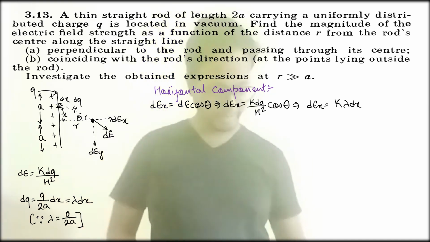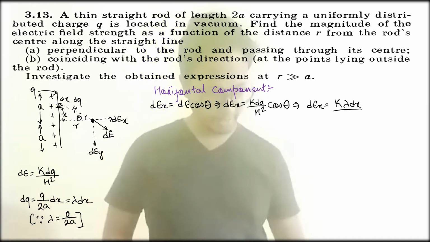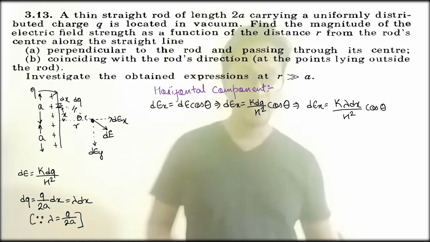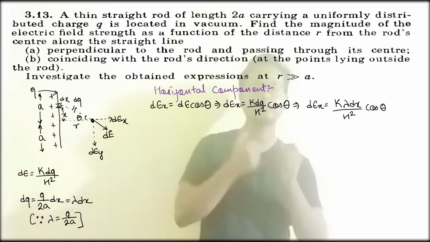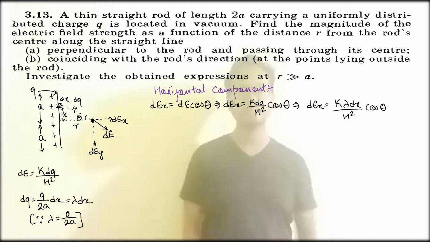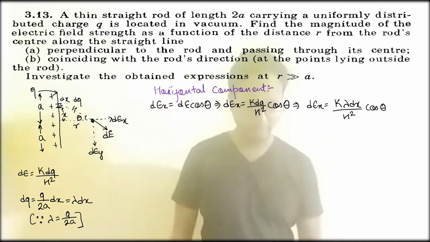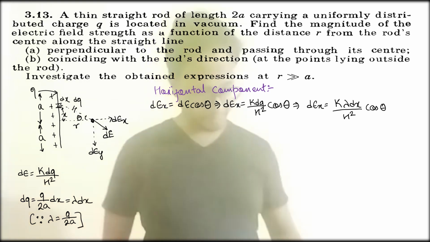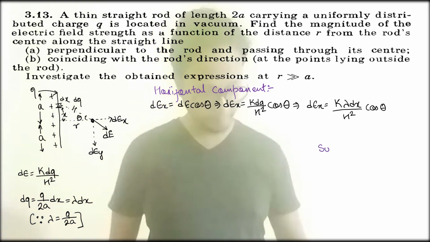So dEx is k lambda dx divided by hypotenuse square into cos theta. Now pay very close attention to the method by which I'm substituting in this problem. Understood? Substitution plays a very important role out here.